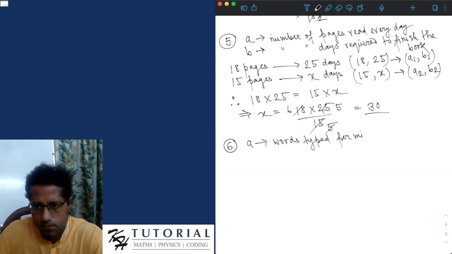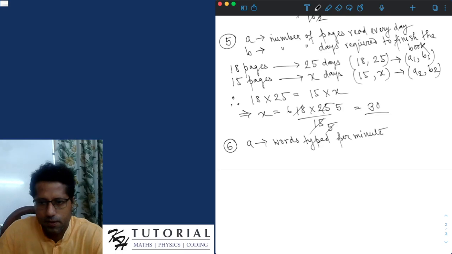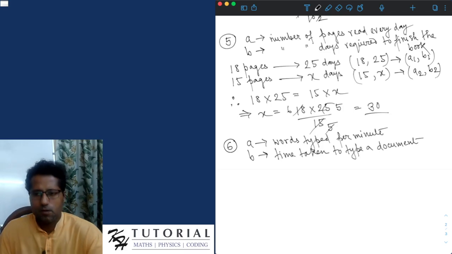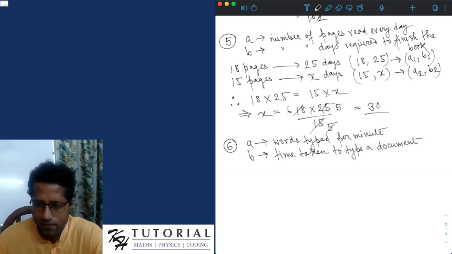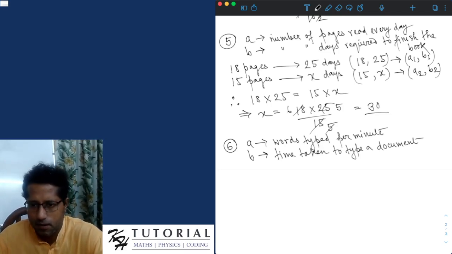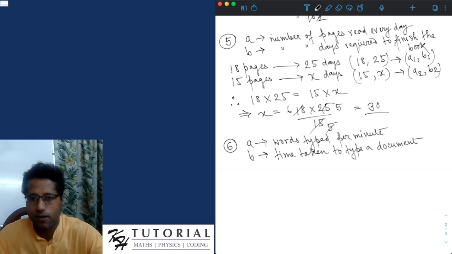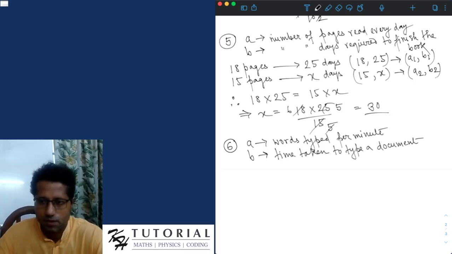This is the first quantity, and the second quantity is time taken to type a document. So A is the typing speed, which is words typed per minute, and B is the total time taken to type a certain document.